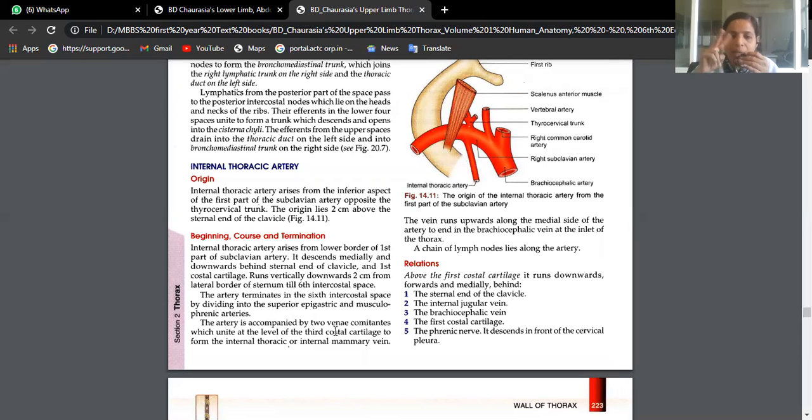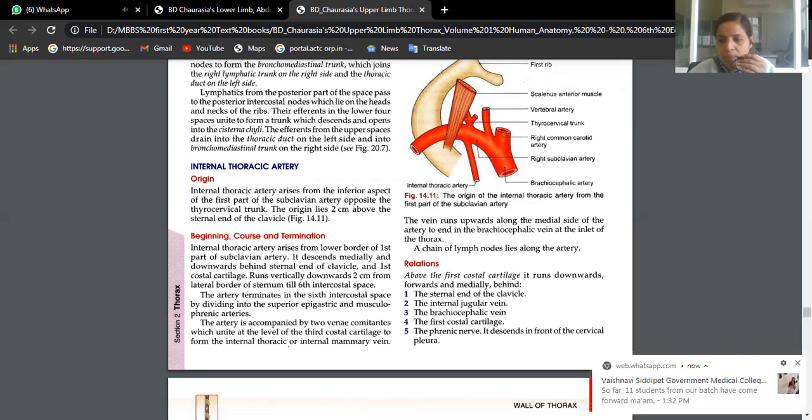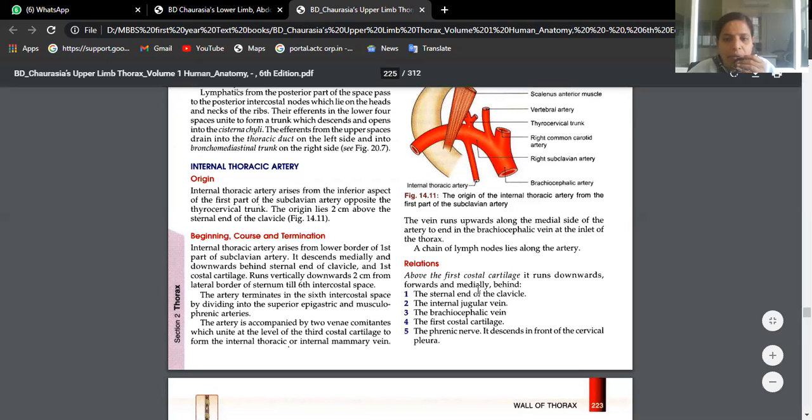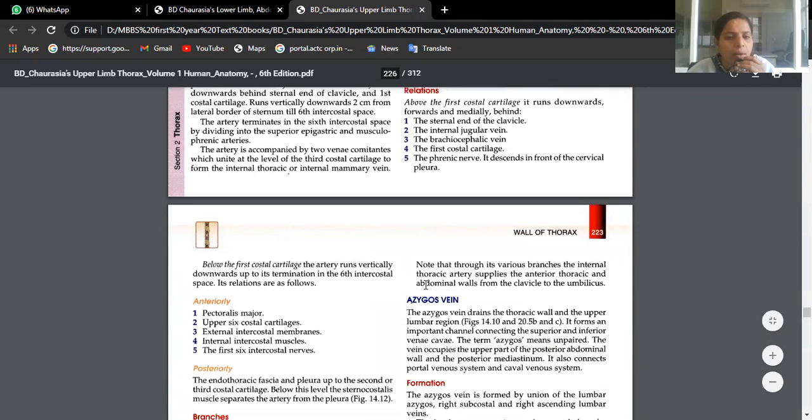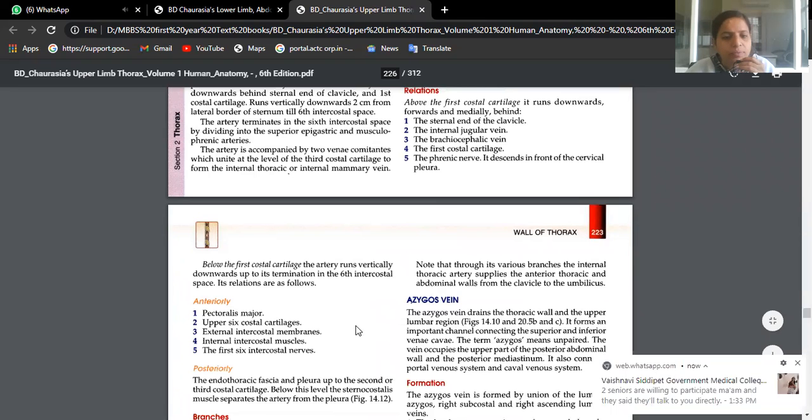The artery is accompanied by venae comitantes, that means the artery has two veins on either side. Lymphatic nodes are also there. See the relations of this artery: sternal end of the clavicle, internal jugular vein, brachiocephalic vein, first costal cartilage, phrenic nerve.